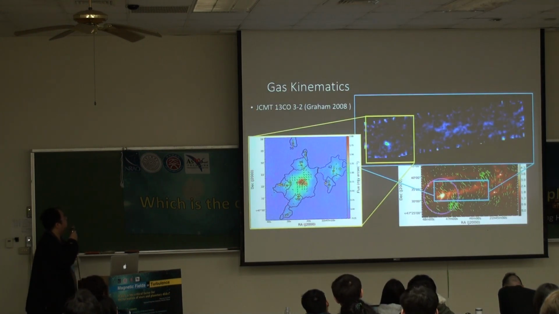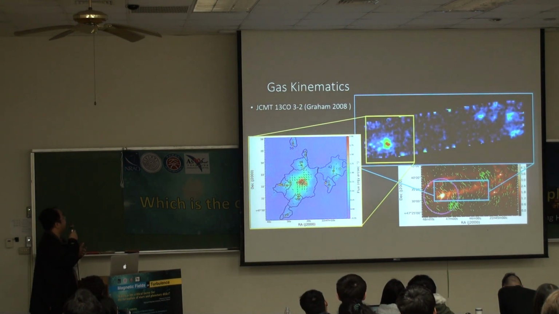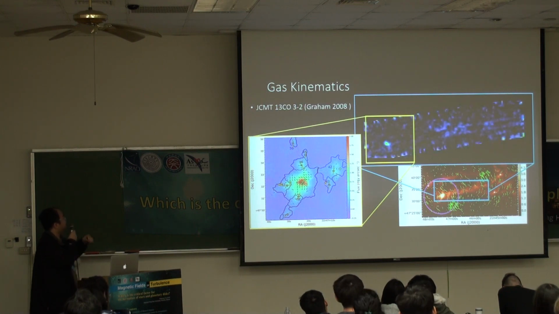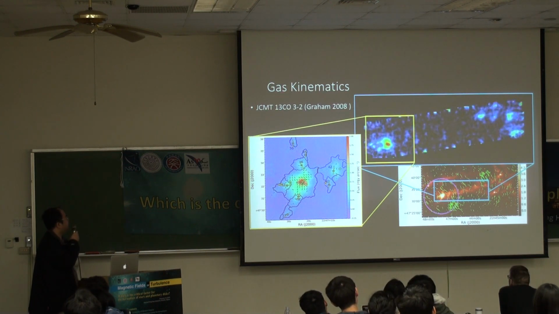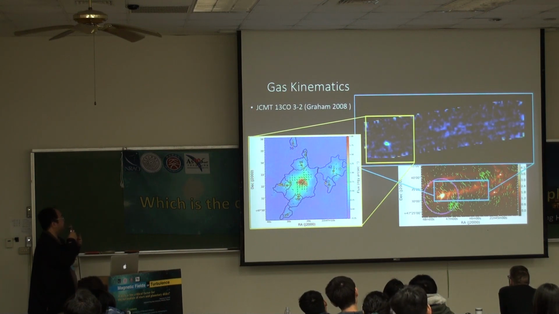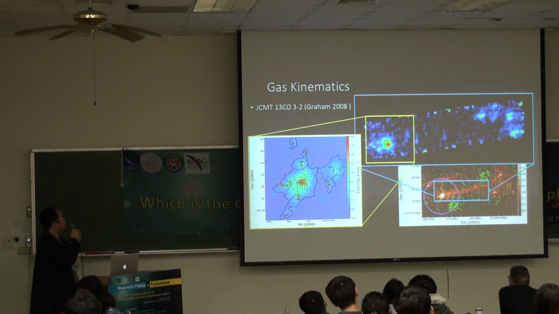To support this scenario, we show the gas kinematics with an animation of the 13CO 3-2 data. The animation is the channel map of the 13CO data. It shows that on large scales, the main filament is globally flowing to the two ends, so it is likely fragmenting.